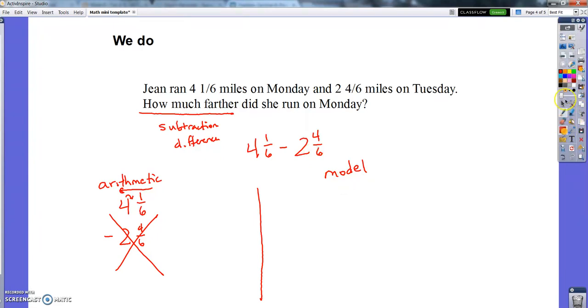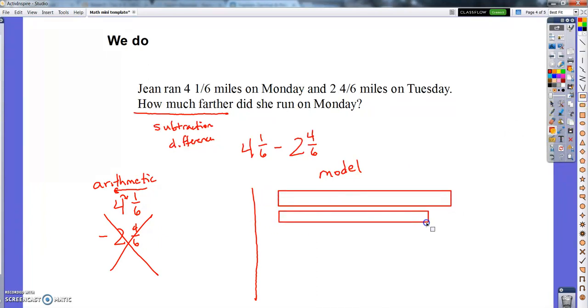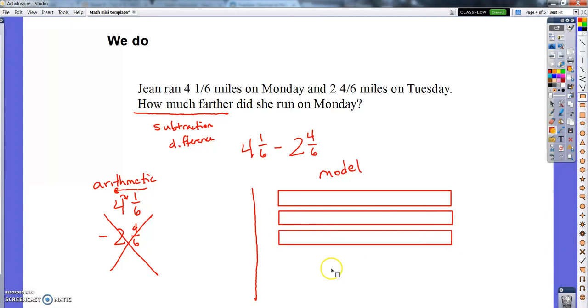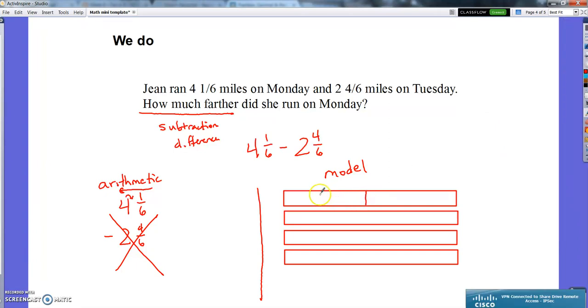So let me draw out my situation. 4 wholes. 1, 2, 3, 4. And I need to make those into 6ths. So let's see. 6 is going to be half, and then 2 on each side. 6ths.